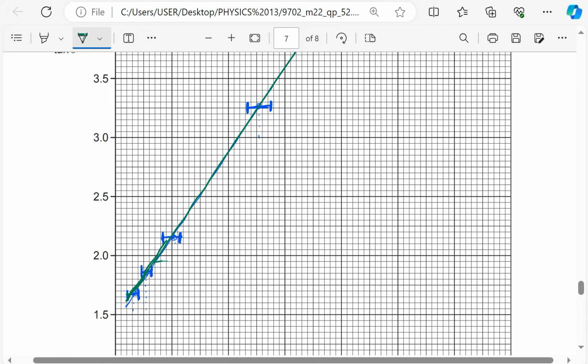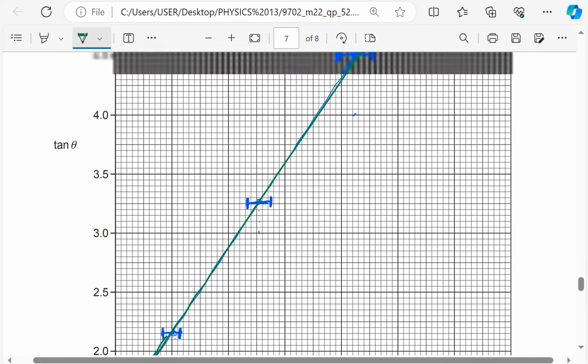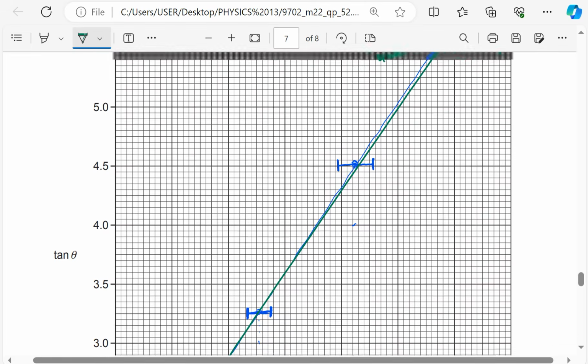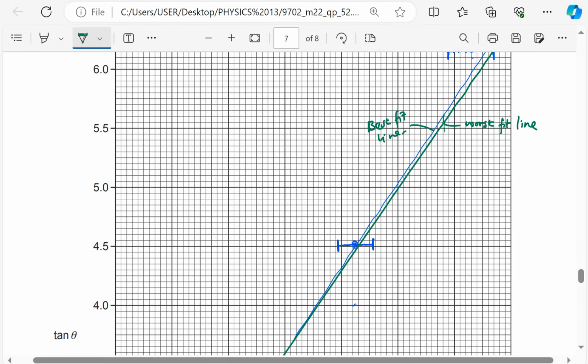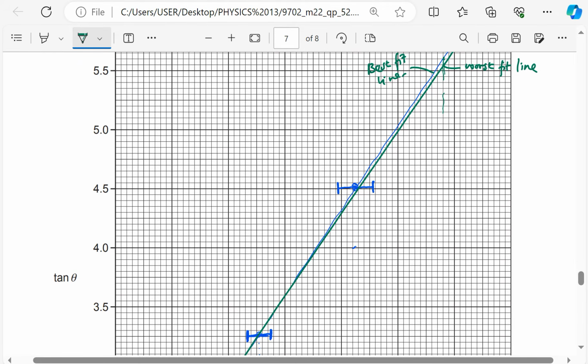So I have to draw a triangle. Make sure your triangle is visible. Use a ruler so that it looks nice.